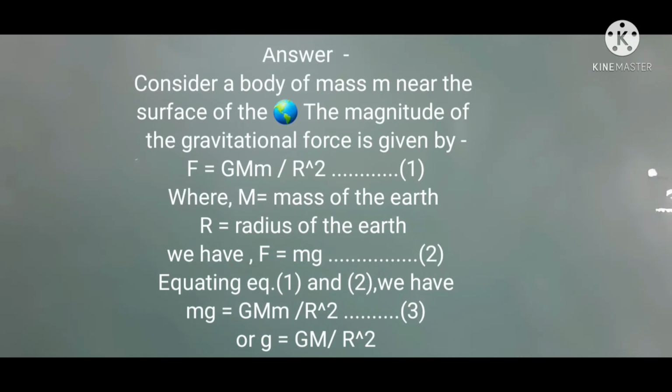We have F is equal to mg, equating equation 1 and 2, we have mg is equal to capital G, capital M, small m upon R square, or g is equal to capital G, capital M upon capital R square.